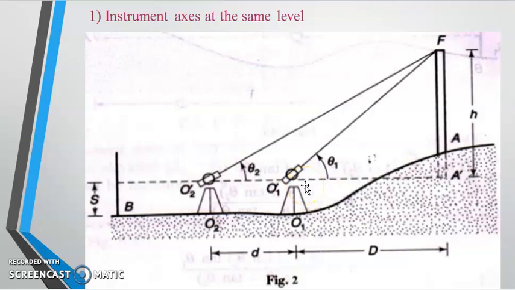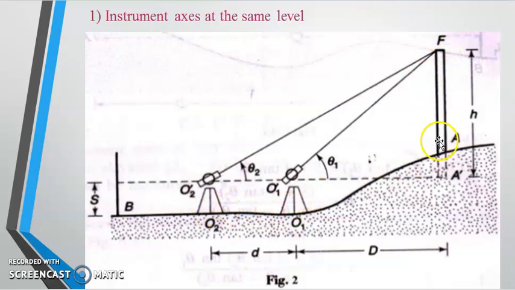First instrument is instrument O1 and second one is O2. Now for our convenience, we have dropped the base of this vertical object to A dash, till the horizontal line of sight, that is till the center of the instrument. So now we have instrument at O1, instrument at O2.